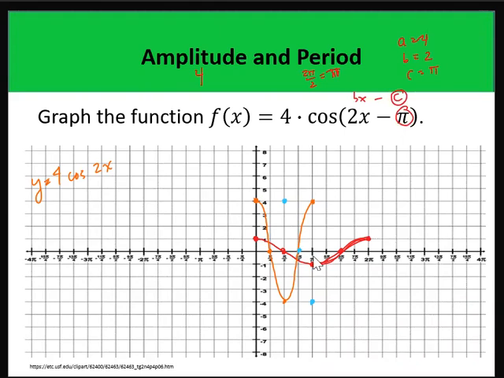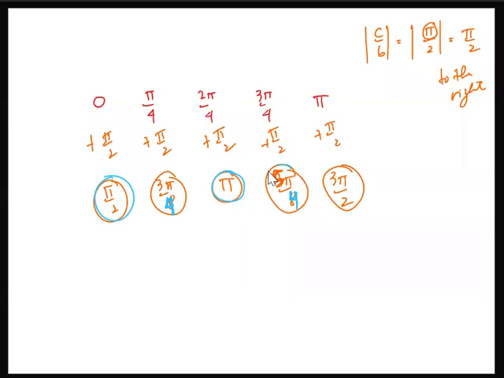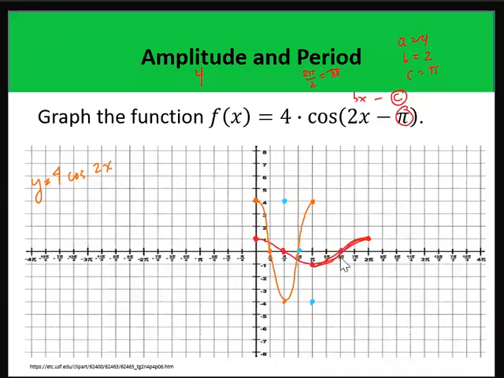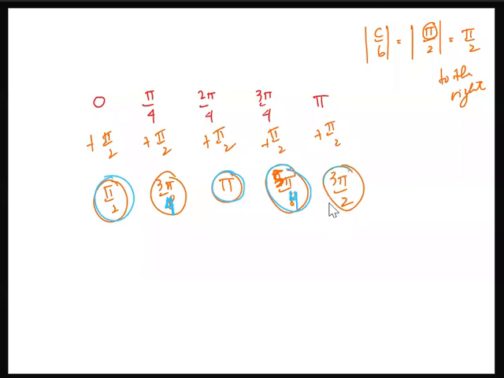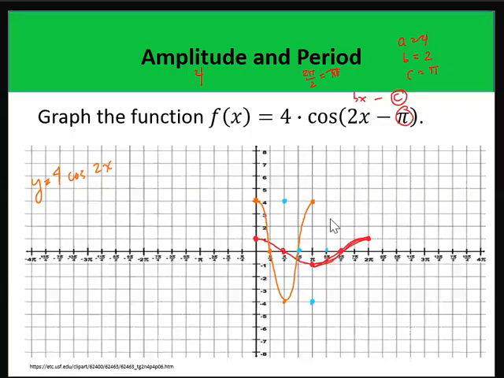And then at x equals pi, we have negative 4. And then at x equals 5 pi over 4, we have 0. And then when x is equal to 3 pi over 2, we have positive 4.